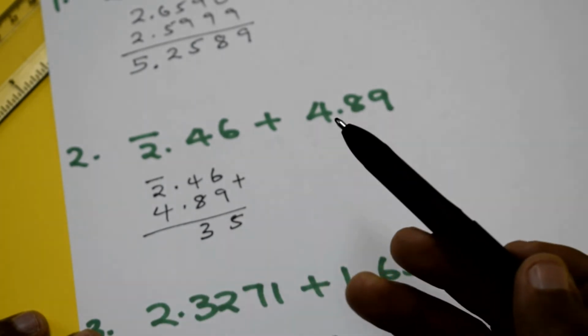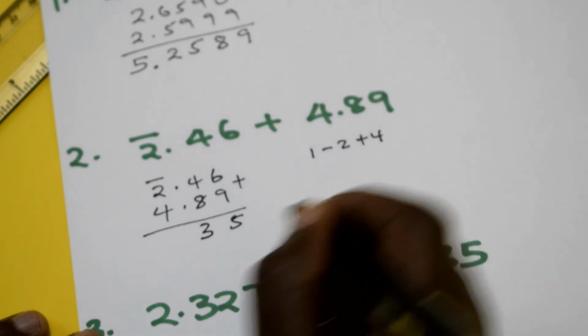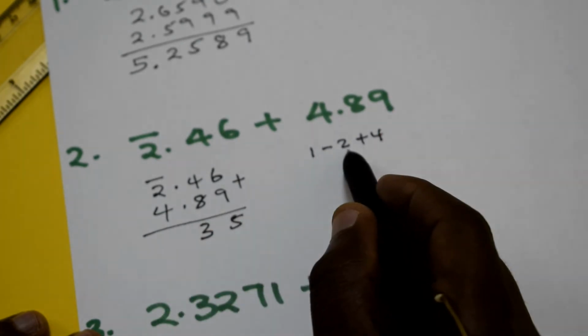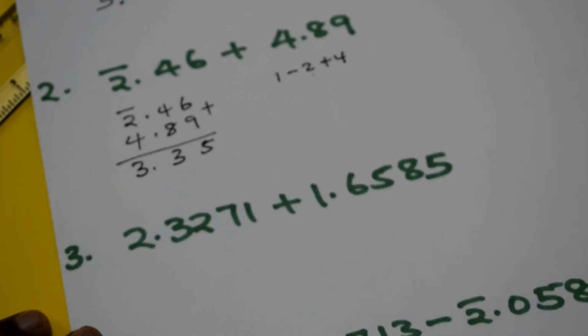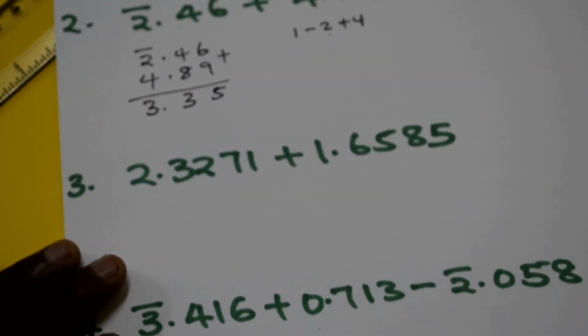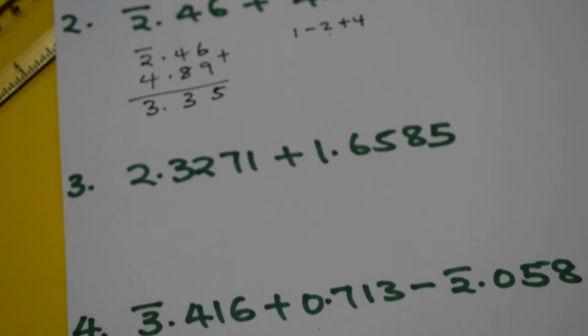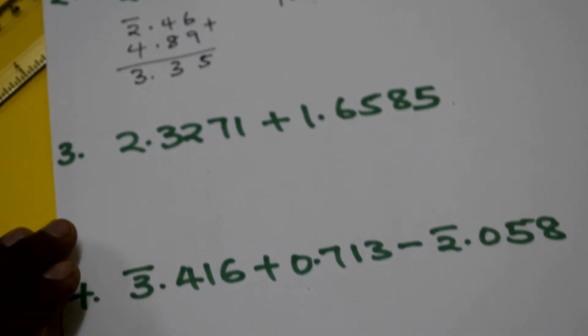Then we carry 1. 1 minus 2 plus 4, we are going to get 3. So this will be 3.35. Next we have 2.3271 plus 1.685. You shall just apply this one as we have done in part 1.